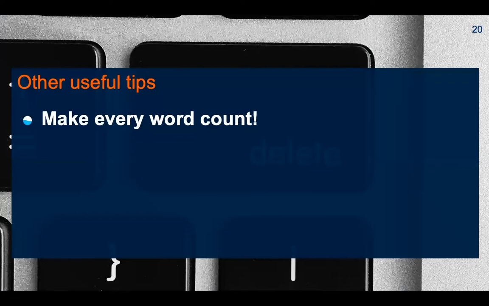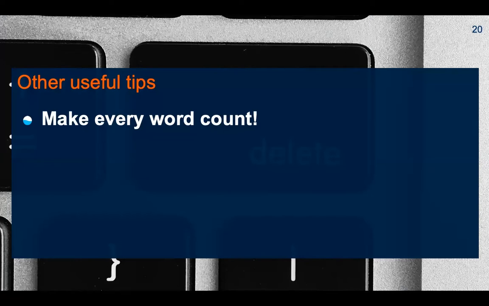So some useful tips in this regard, I would say make every word count. Basically, editing is a huge, really important step, especially when you're coming towards the end of writing. There should be no unnecessary words, really. It's important to keep the writing as concise as you possibly can.